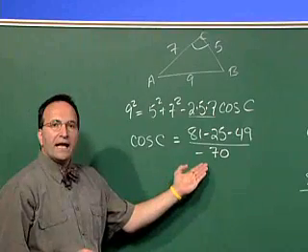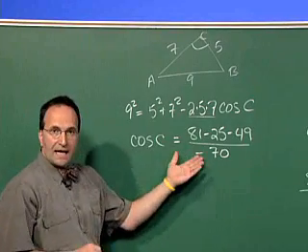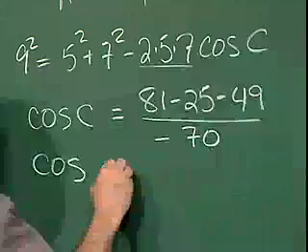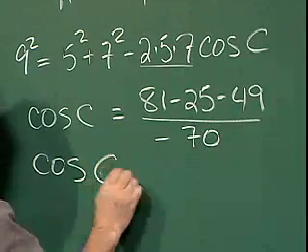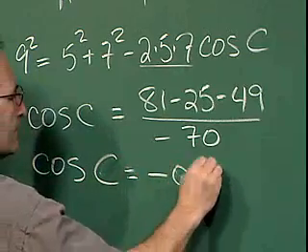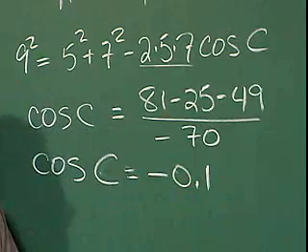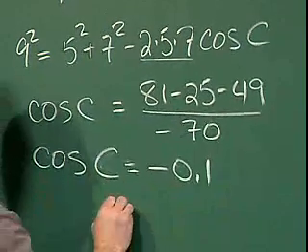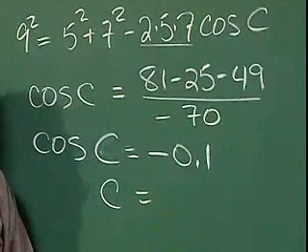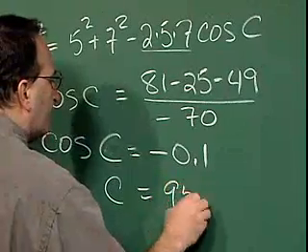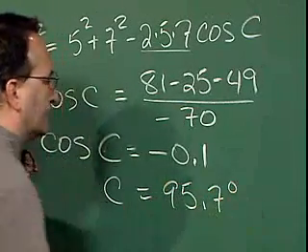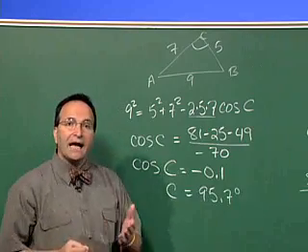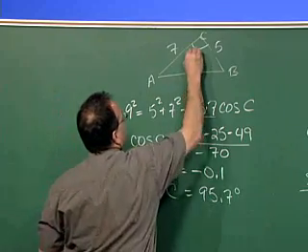When I plug that into the calculator and work it out, I'll find that cosine of C is equal to negative 1/10. And when I plug that in inverse cosine, I'll find that angle C is equal to 95.7 degrees.